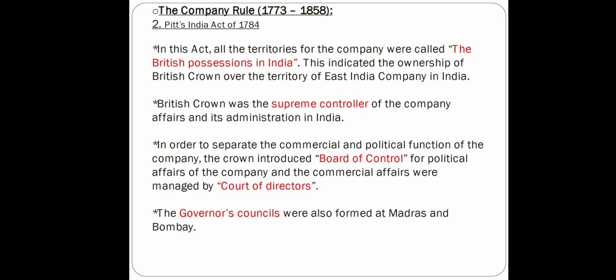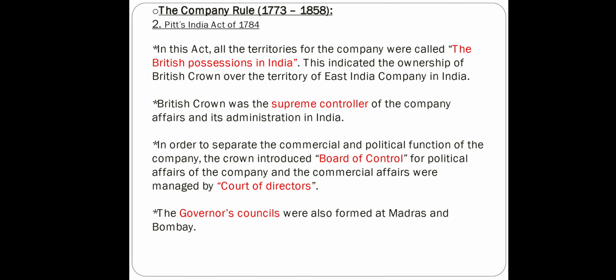So in order to separate the commercial and political functions of the company, the Crown, meaning the British government, introduced the Board of Control. This Board of Control would handle the political or administrative affairs of the company.